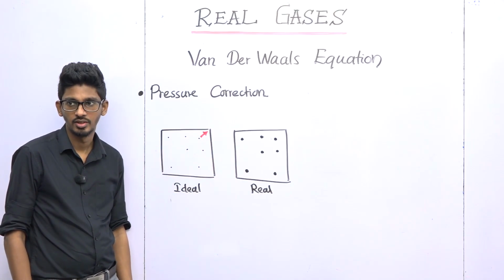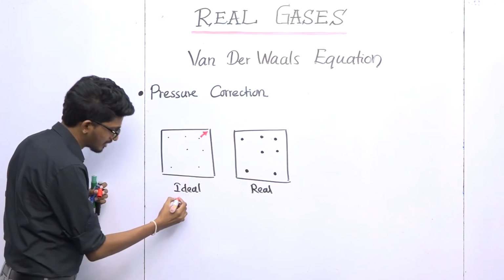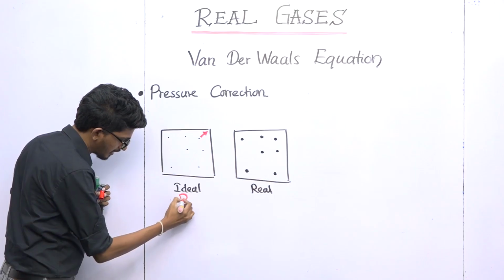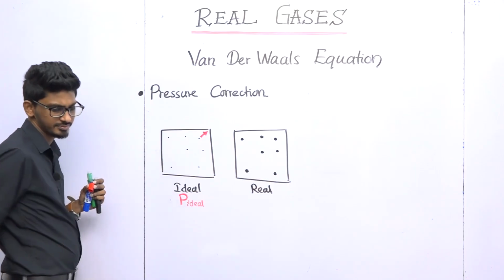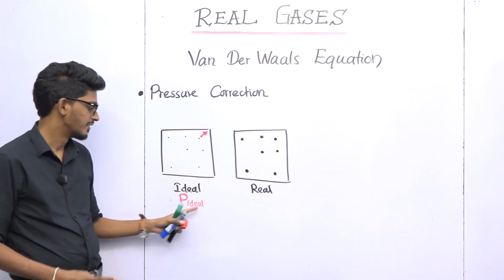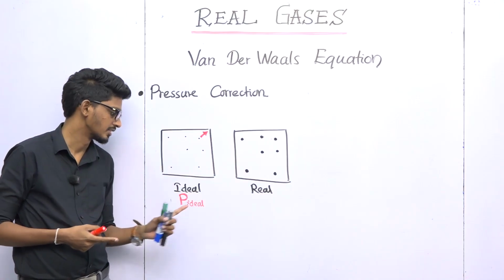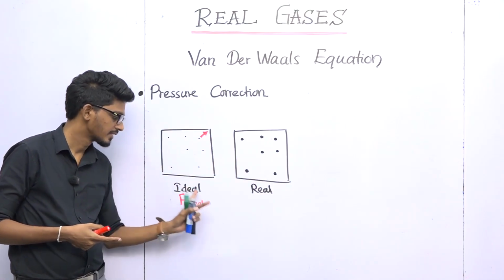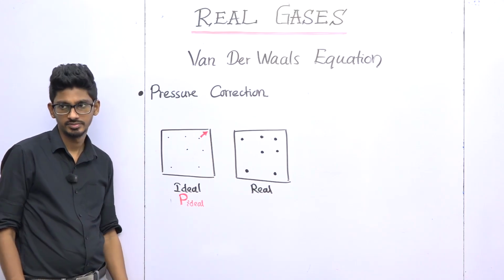We write this as the pressure of the ideal system, P ideal. If you used this pressure, the PV multiplication would be equal to nRT.